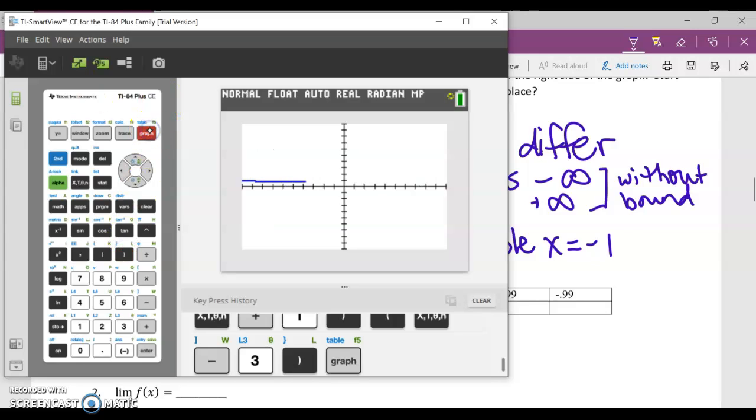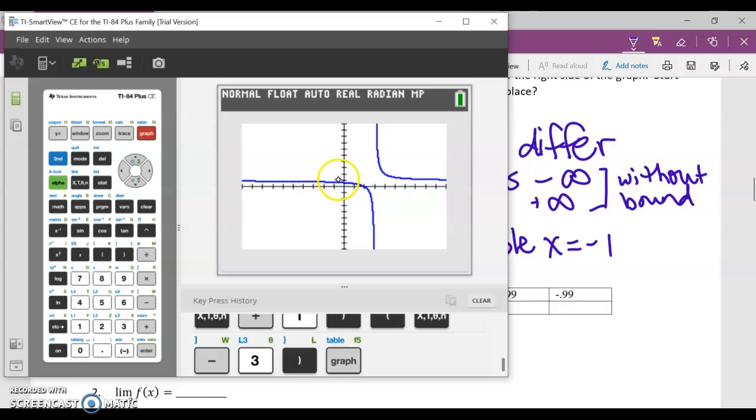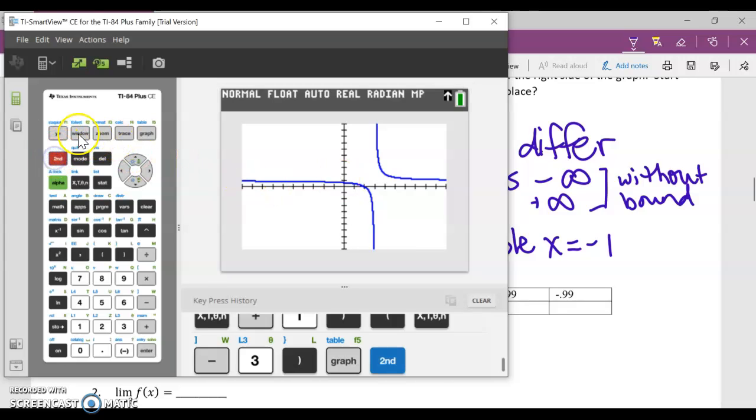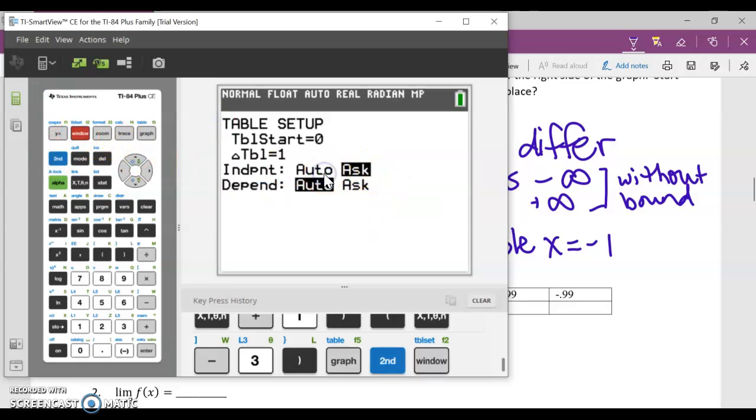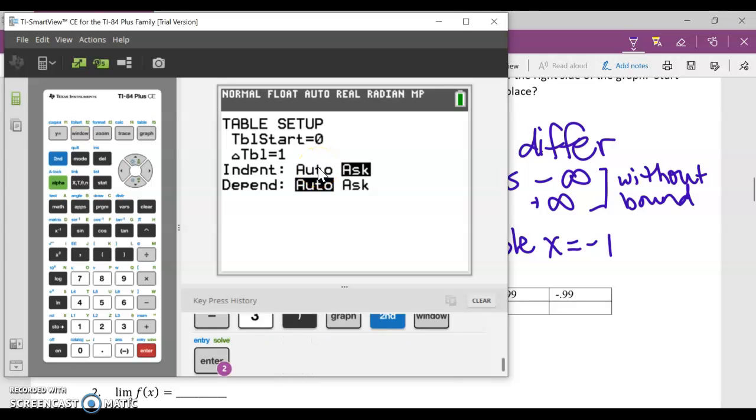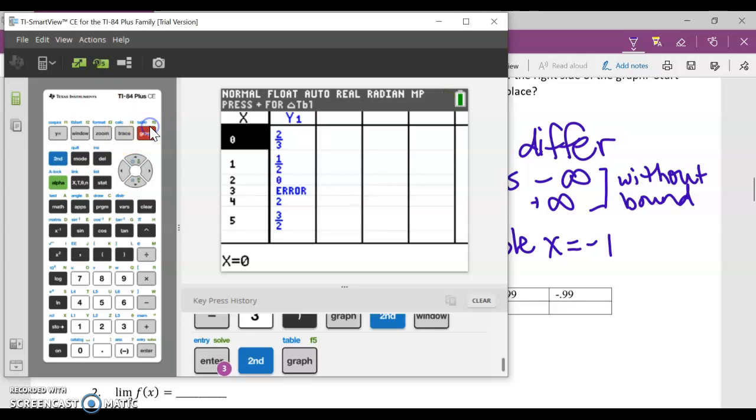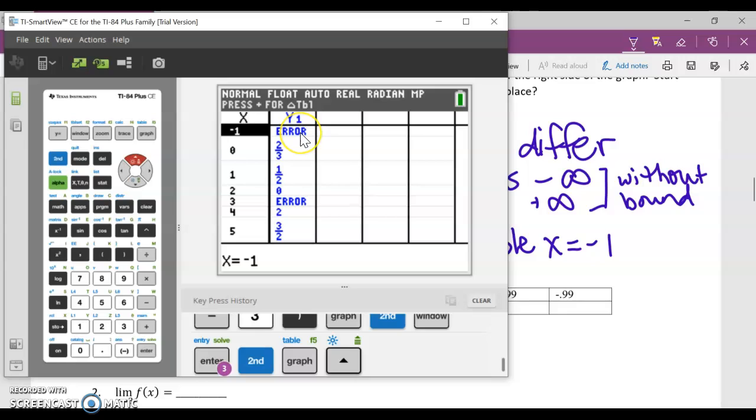We can look at the graph, and I hope you think that graph looks familiar. If you look at the graph at the top of the worksheet, remember you can't see holes, okay? If in your table setup it was still on auto, then when you go to your table, you would see at -1 there's an error.